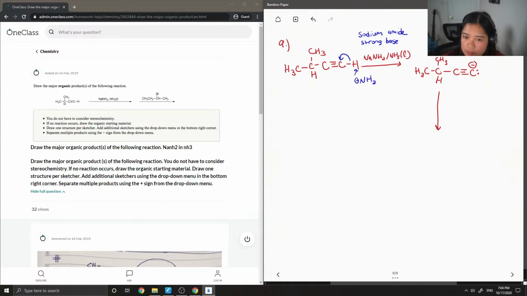And then from there, once you add this brominated alkyl group, that negative charge can come in and attack right here, and that kicks off the bromine. And then you're left with this as your final product.